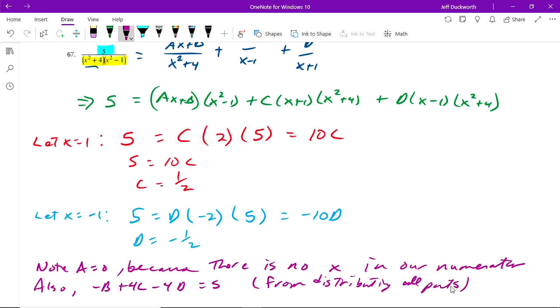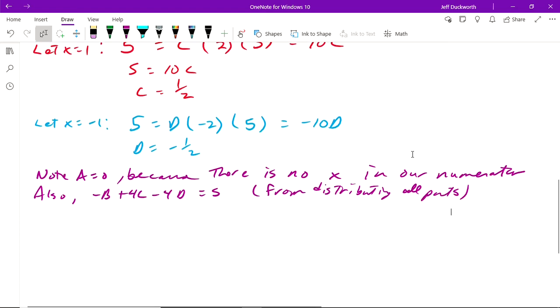Well, I'm looking specifically at the constants. So what happens when I'm distributing the ax plus b times the quantity x squared minus 1? Well, I'm left with a negative 1b. We'd multiply b using FOIL. b times negative 1 gives us negative b. c will be multiplied by the 1 times the 4. Everything else will have an x in it. And d will be multiplied by the negative 1 and 4. Everything else will have an x in it. So we have this.